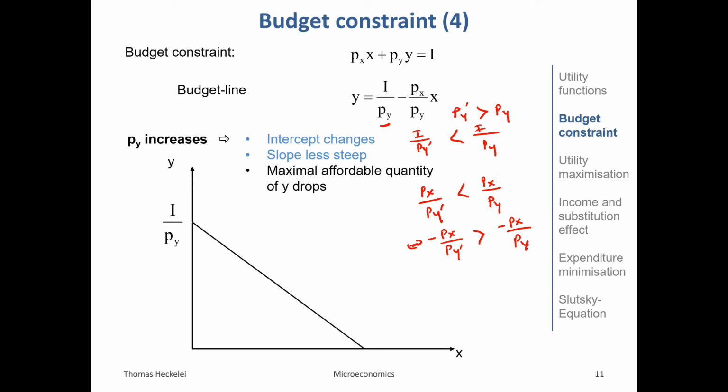All right, so that's why the slope is less steep, and the maximum affordable quantity of y, which is exactly this one, the intercept, drops. And consequently, we have this kind of change, or shift inward, of the budget line.